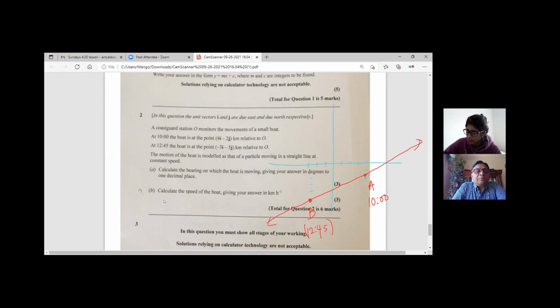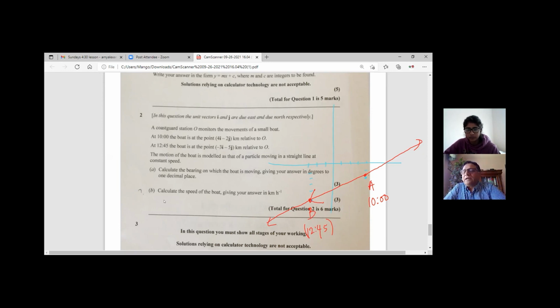Part A is calculate the bearing on which the boat is moving. Basically the bearing is the angle in which it is moving, so you need this direction. And then part B is calculate the speed of the boat, giving your answer in kilometers per hour. So these are your 2 parts.